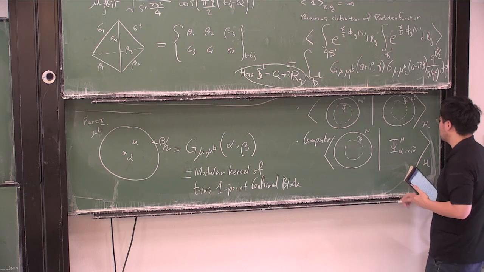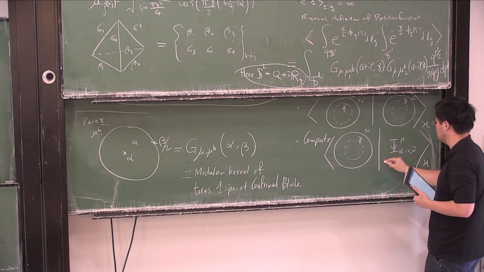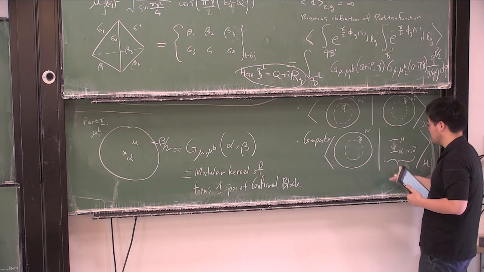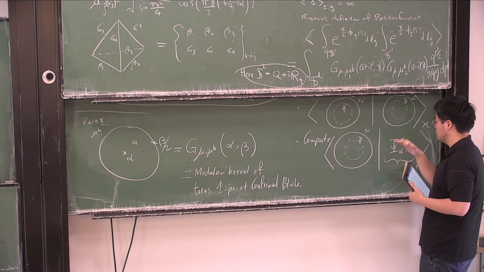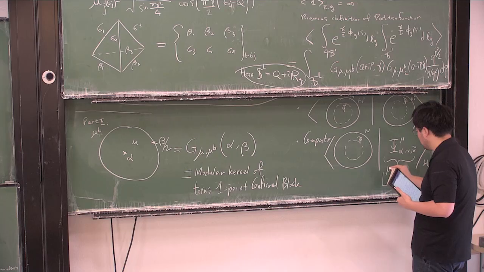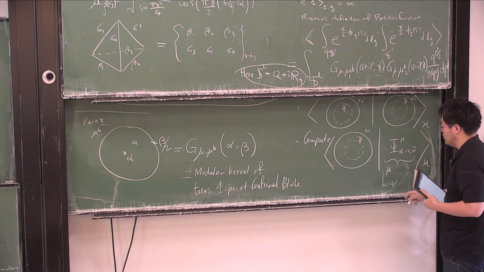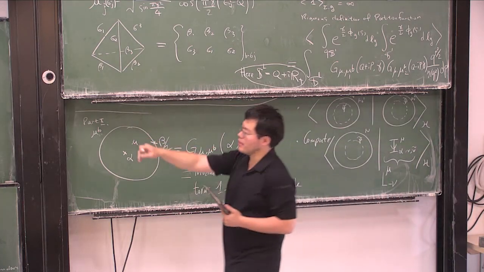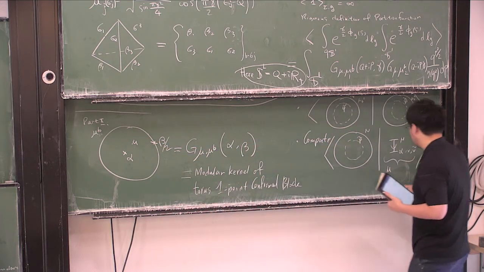And as explained by Guillaume in his talk, this is some descendant state, but you can use the Virasoro algebra acting on the primary state. This is the Virasoro representation in this space H, called the Liouville Virasoro algebra.